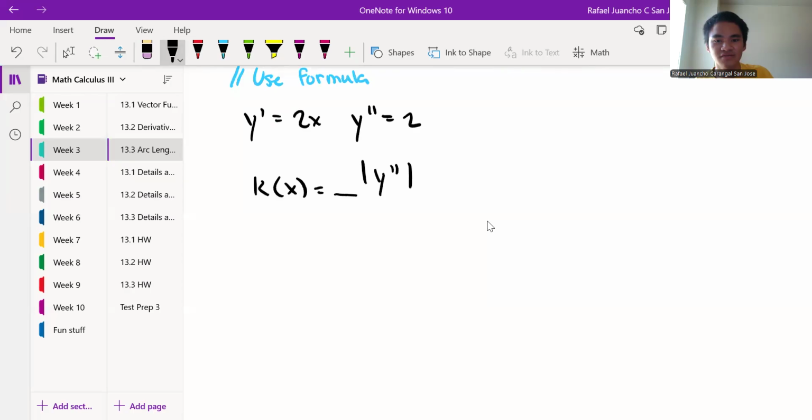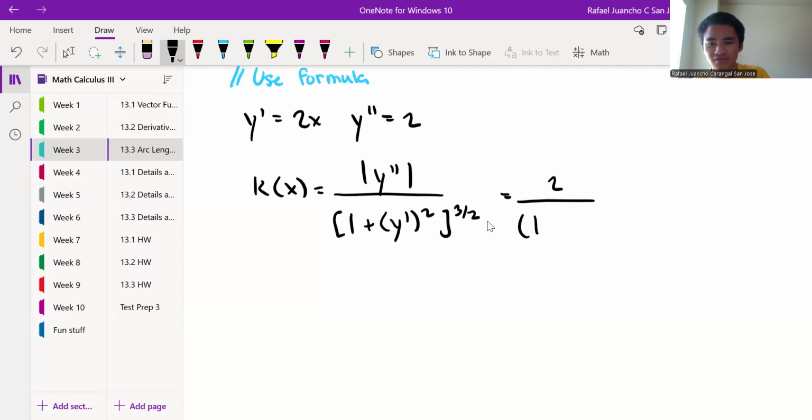So the double derivative all over 1 plus the first derivative squared, then put everything to 3 over 2. And so just to plug in values here, this is 1 plus the first derivative squared. So that's 1 plus 4x squared. Raise it to 3 halves.